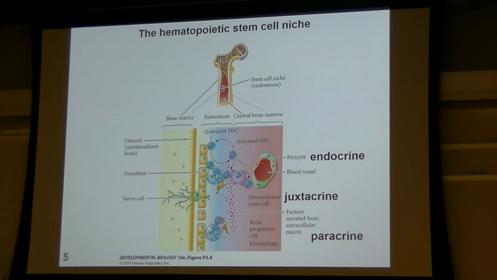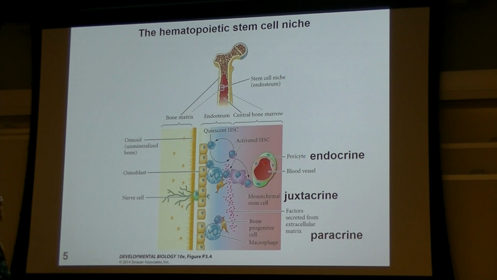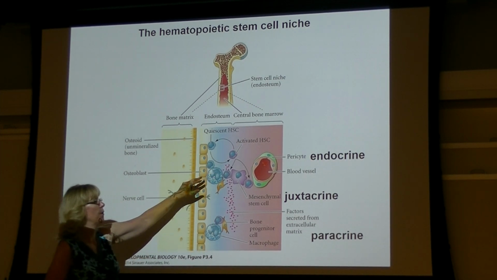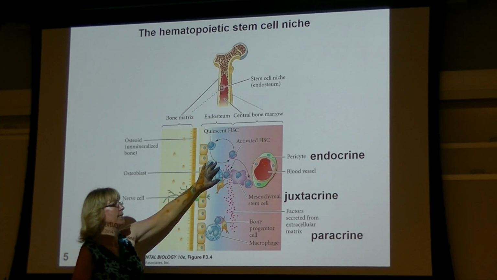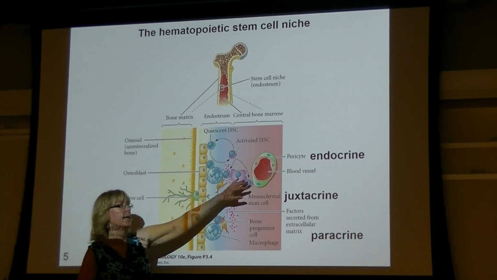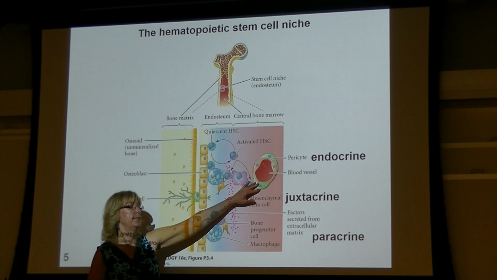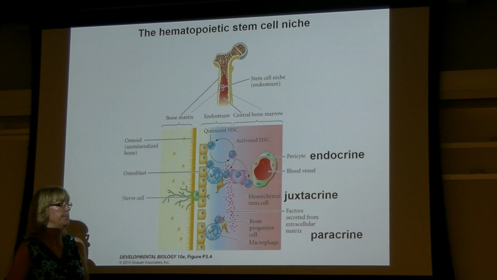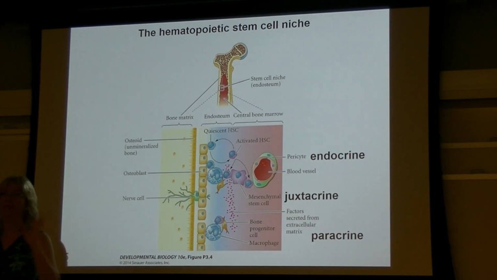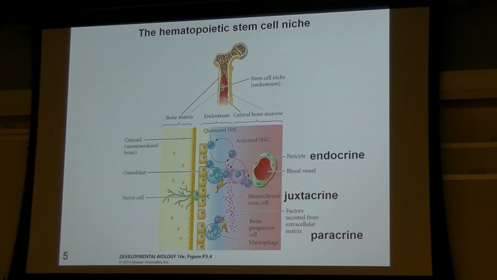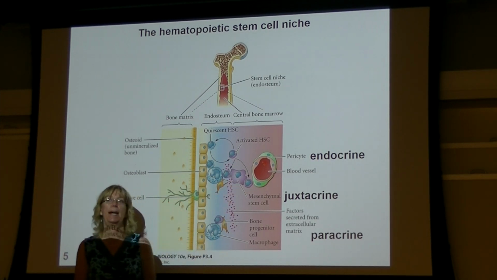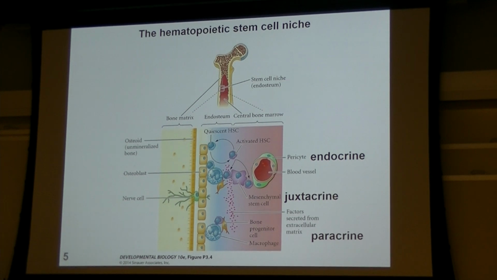This is initially in a quiescent state, a kind of not very active state. But then once it comes in contact with the appropriate juxtacrine signals from other cells, endocrine signals coming from the vascular system, and maybe paracrine signals coming from other cells in the region, the combination of these will trigger that hematopoietic stem cell to be in an activated state where it can give rise to a variety of different downstream cells.